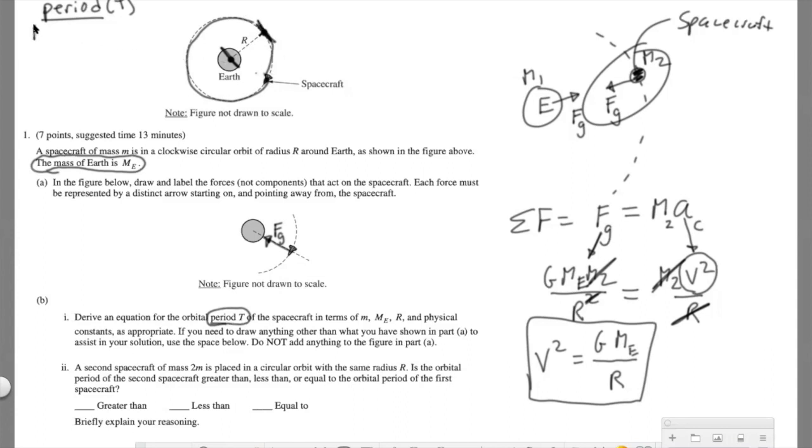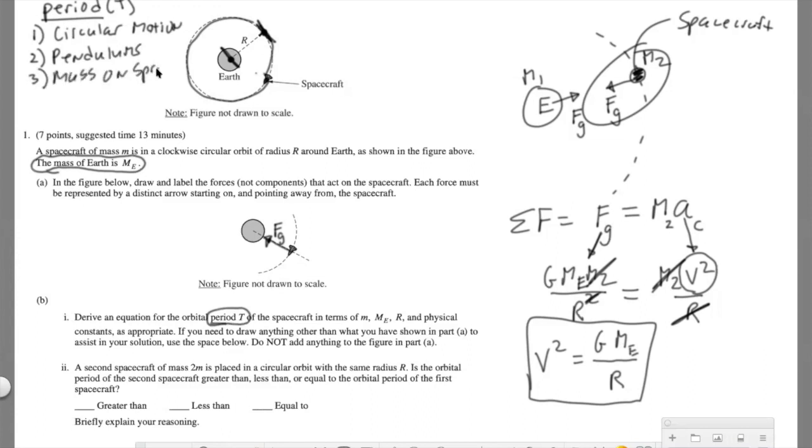So what involves period? Situations that involve period: circular motion, like this. This is what we're doing right now. What else? Where else will you see period? You'll see period with pendulums. You will see period with mass on a spring, a mass going back and forth.